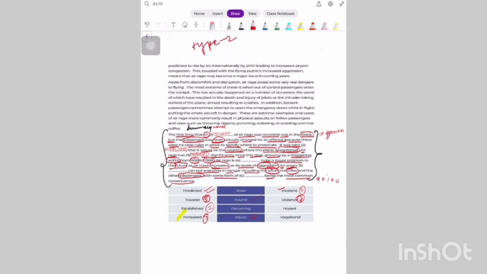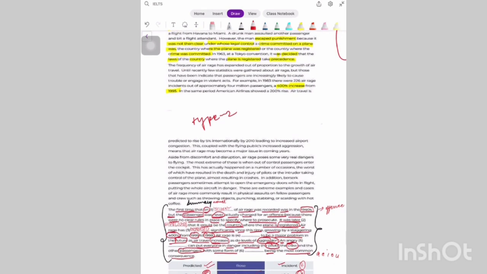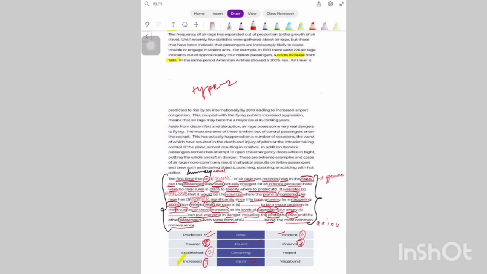Okay. Air rage is dash to be a major problem in the future. As air travel increases, so do the levels of. Here it is. Air travel is predicted to rise by 5% internationally by 2010, leading to increasing airport congestion.